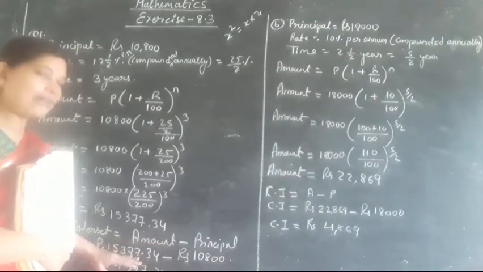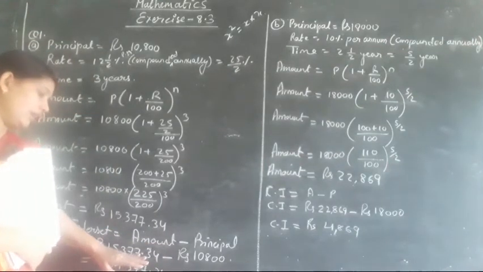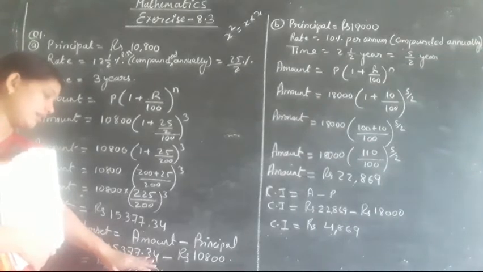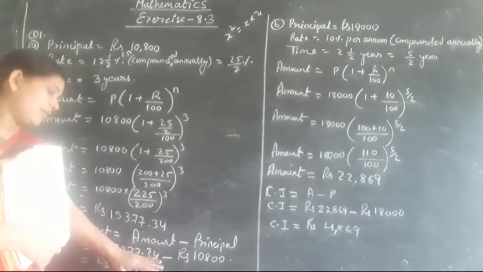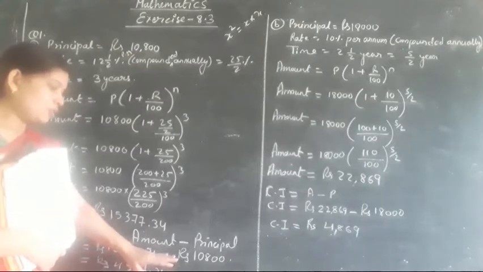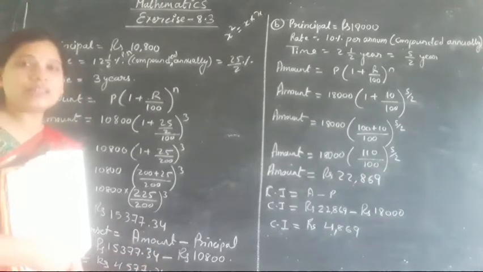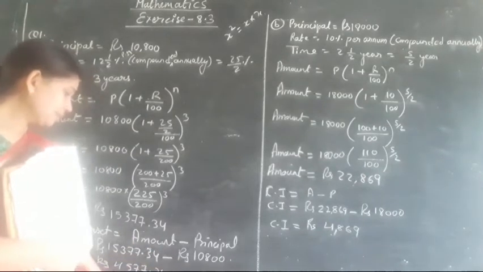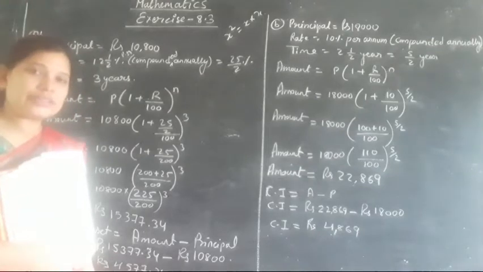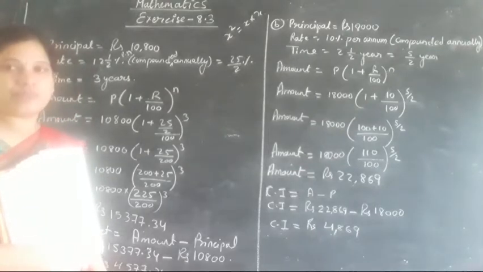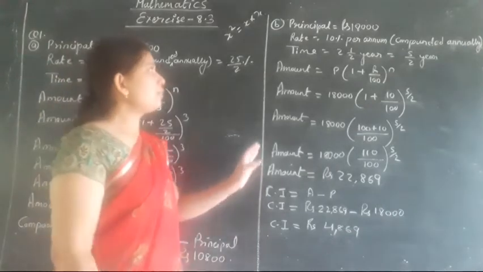So amount we are having as 15,377.34 minus rupees 10,800, so that we will get the required answer at the last as 4,577.34. Clear?